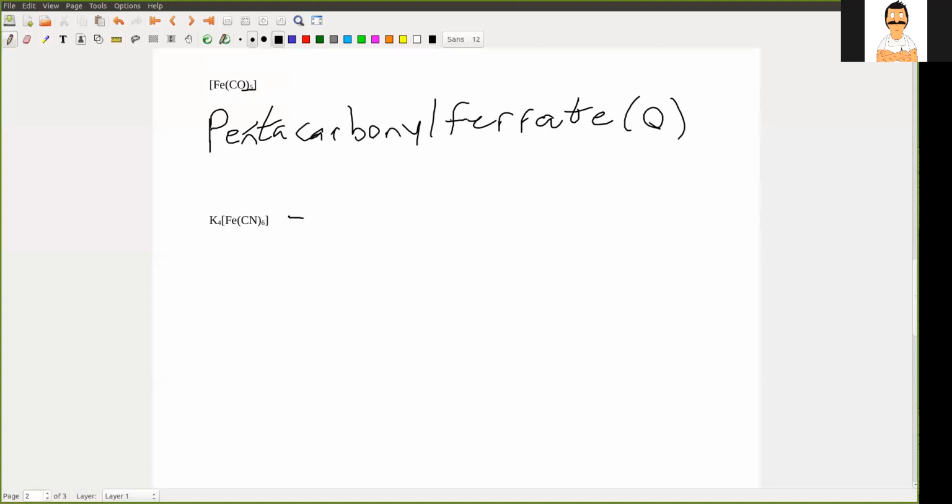This last one, we have 4 potassiums, and each of them is lending a plus charge. So that means that our overall charge is going to be a -4 on this one.